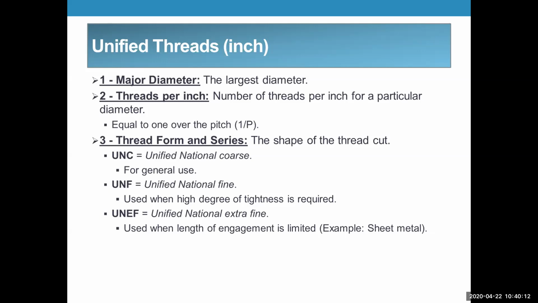Again, this is hardly used, but it is used in sheet metal when there's no opportunity to put some sort of backing nut on there. However, in that situation you can't expect a whole lot of strength in that connection. So you use it sparingly.